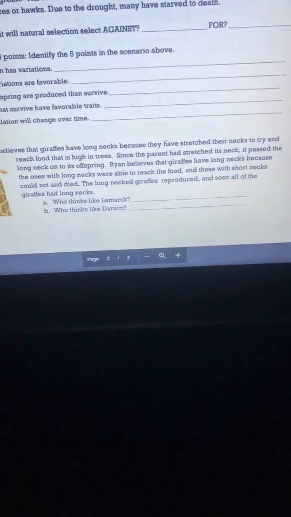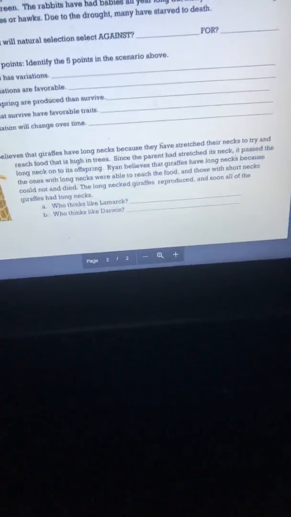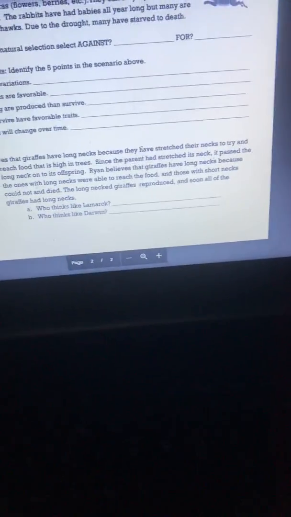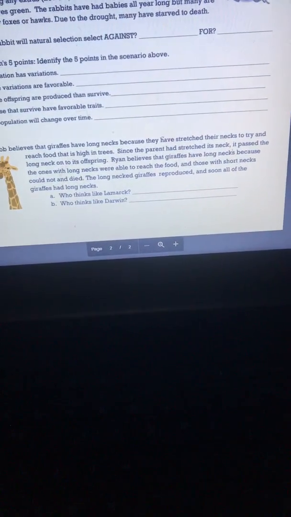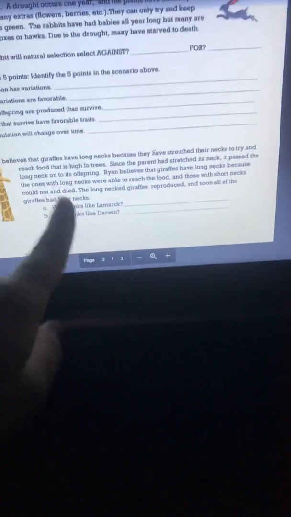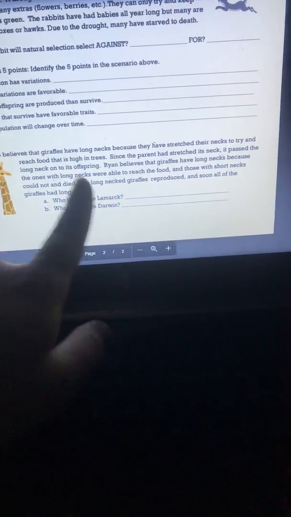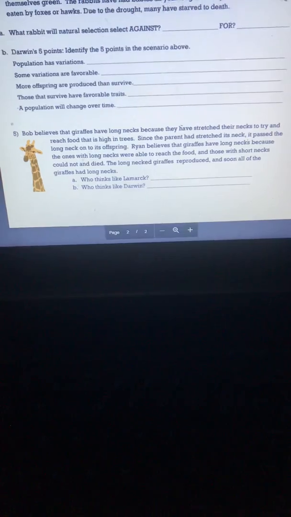And the Lamarck theory is that they changed their DNA by doing something. And then Darwin's theory is that the ones that survived reproduce and therefore pass that trait on. So which boy thinks like Lamarck and which boy thinks like Darwin? Or guy, I guess I should say.